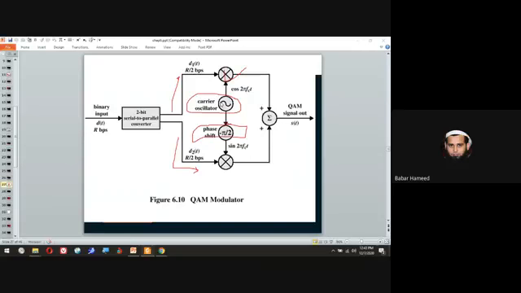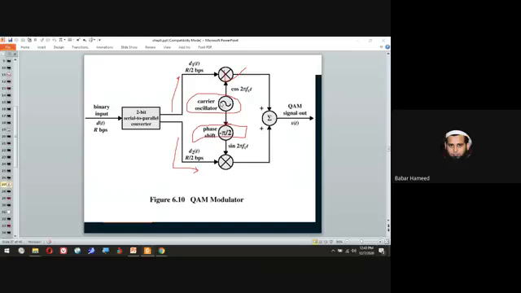Thus, a binary 0 is represented by absence of the carrier wave, and a binary 1 is represented by the presence of the carrier wave at a constant amplitude. The same carrier wave is shifted by 90 degrees and used for ASK modulation over the lower binary stream. The two modulated signals are then added together and transmitted.